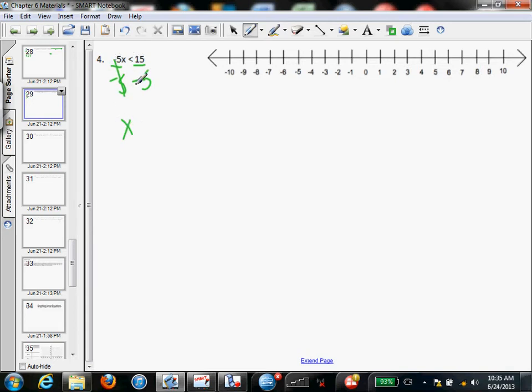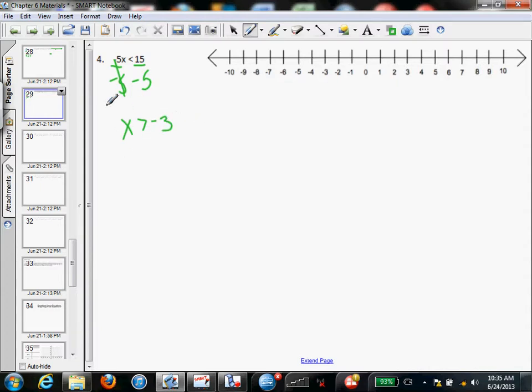And what happens when you divide by a negative on both sides of the inequality? It actually flips the sign of the inequality. So instead of less than, we now have greater than. 15 divided by negative 5 is just negative 3.